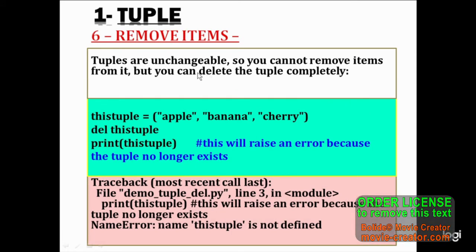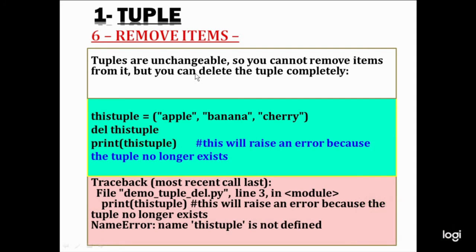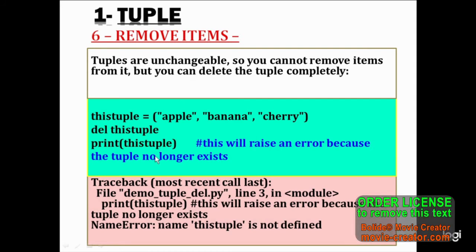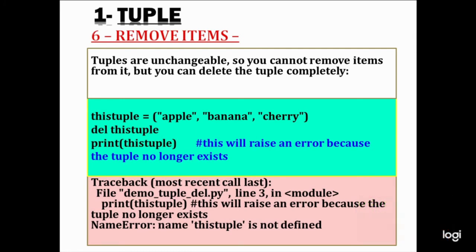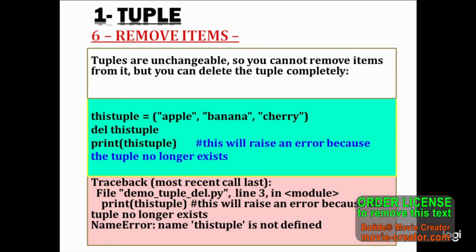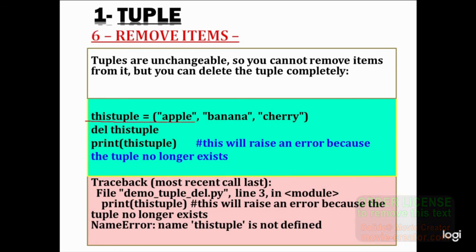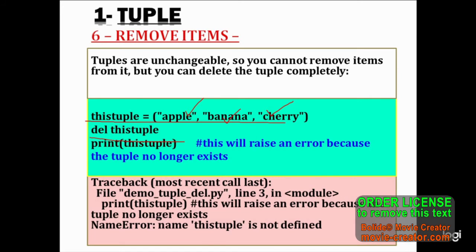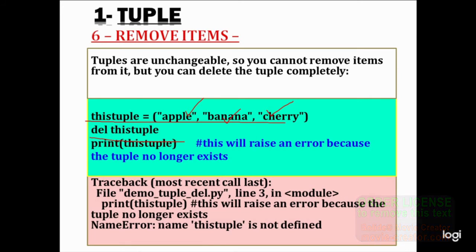Tuple items are unchangeable. You can only remove the tuple by using the del command, but you cannot remove a single item by using an index number as you did in a list. Example: tuple name, tuple items, del this tuple. This del command will delete the whole tuple, meaning all items of the tuple.